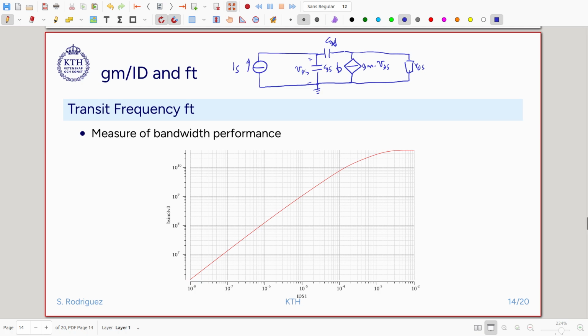For current gain, as we saw with the ABCD parameters, we short circuit the output. And then we calculate the current that goes out here.